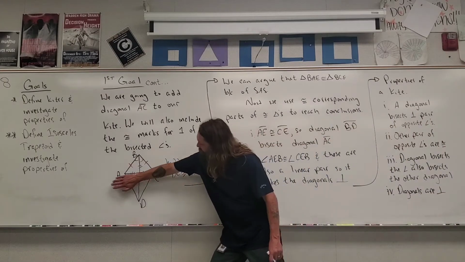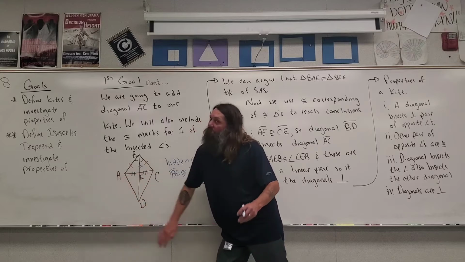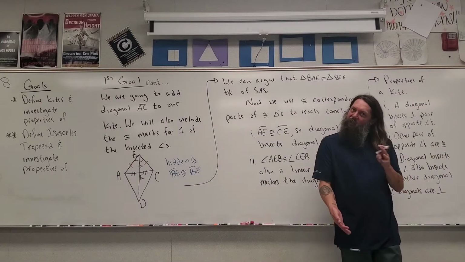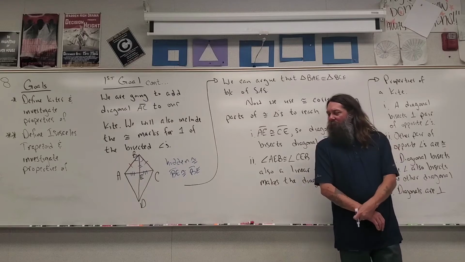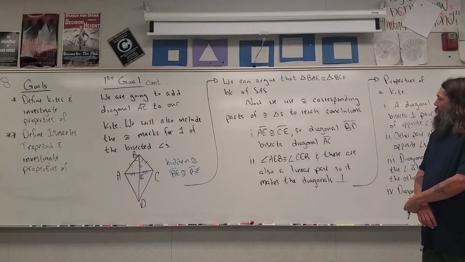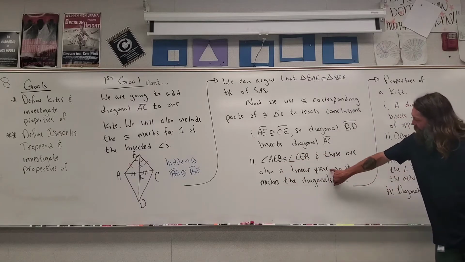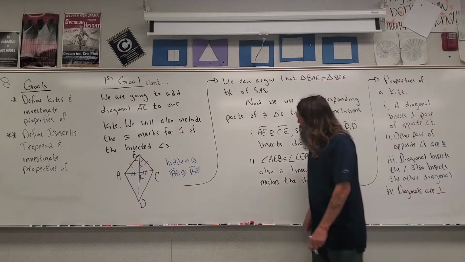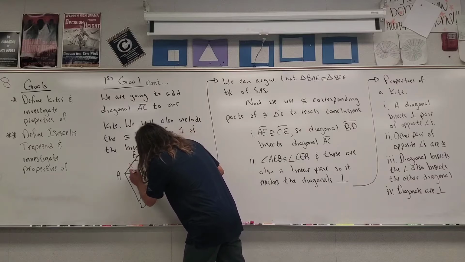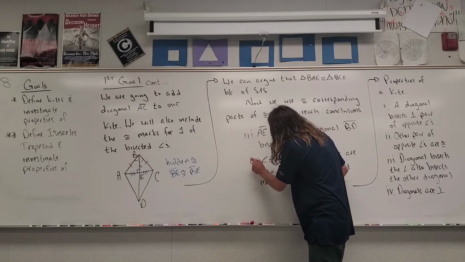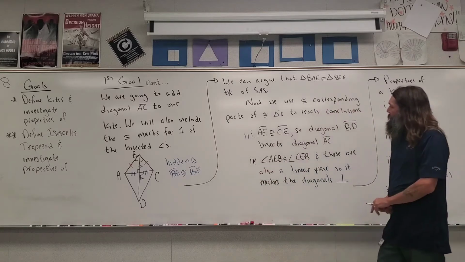So I cover the rest up. You see that I have a linear pair, and what linear pairs do is they add to 180. And if two angles are the same and they add to 180, that forces each angle to be 90 degrees. So what these two angles being congruent and a linear pair does is it makes our diagonals perpendicular. That is the fourth property, and I should have called that the third, and I will call that the fourth property. There we go, that's better.